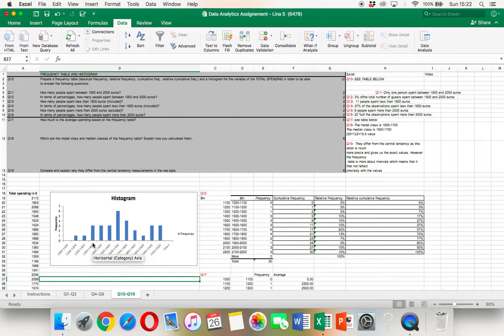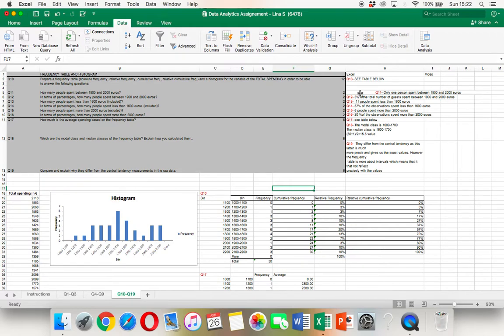So this is about the table. So let's see maybe another reading. So this one, the higher one, six people are spending in between 1,600 and 1,700, etc. So question 10 is done.